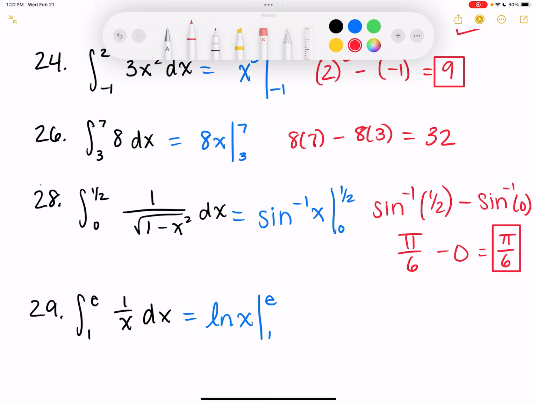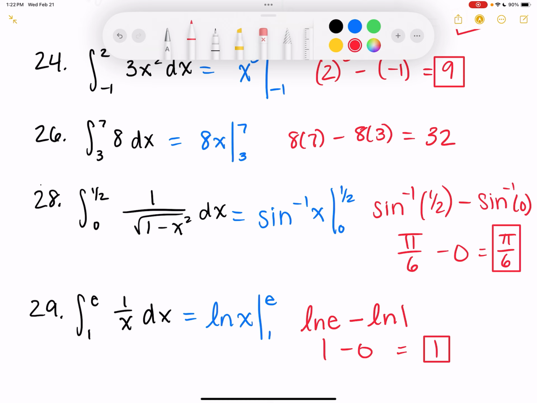So we have the ln of e minus the ln of 1. What's the ln of e? 1. What's the ln of 1? 0. So it's equal to 1. I knew that.